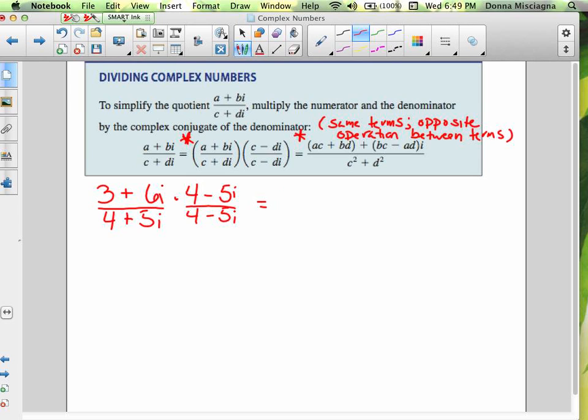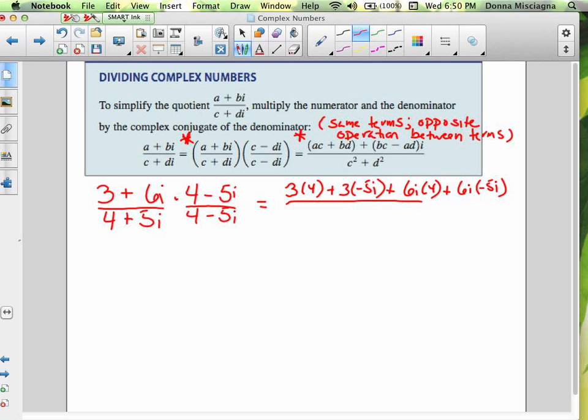In the numerator, the first terms, 3 times 4, plus the outer terms, 3 times negative 5i, plus the inner terms, 6i times 4, plus the last terms, 6i times negative 5i.